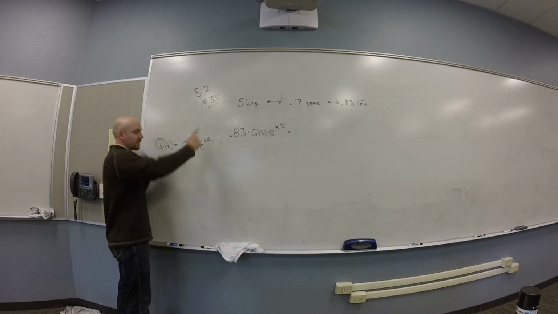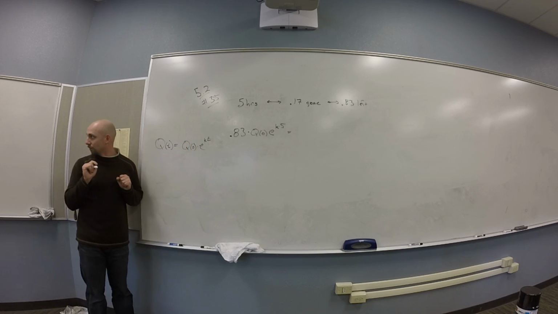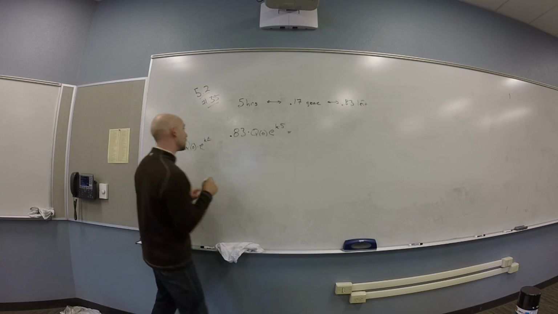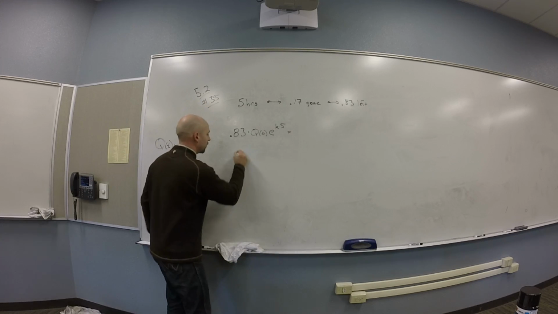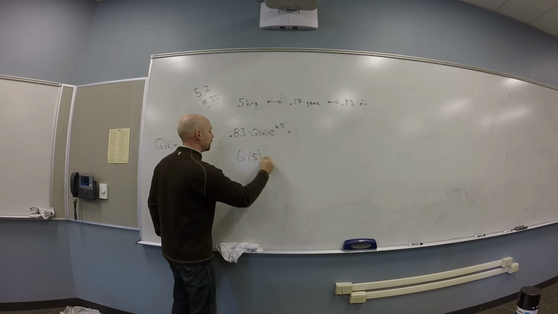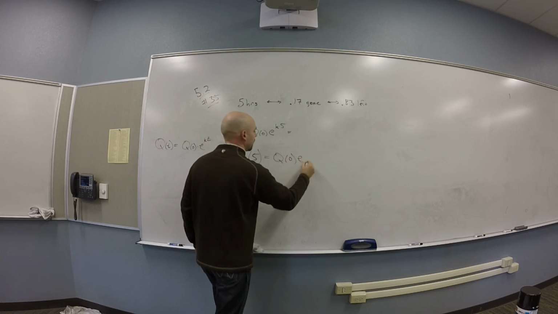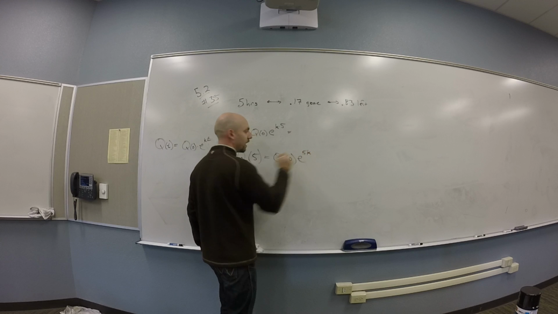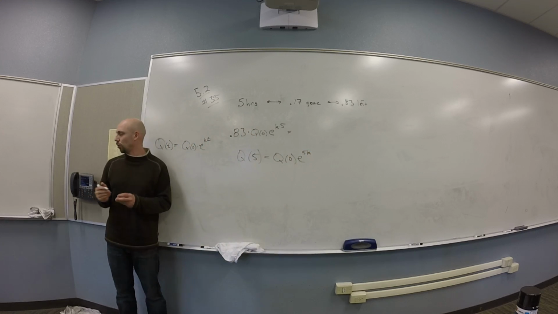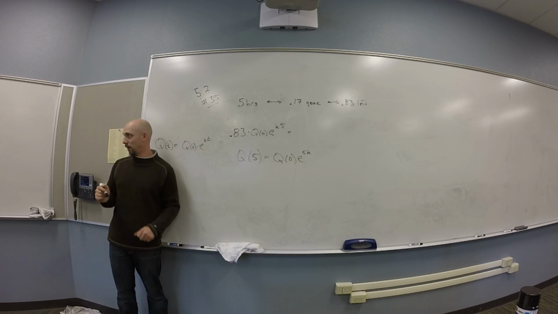And then you're evaluating this at 5, right? So Q at time 5 should be Q at time 0 e to the 5k, right?